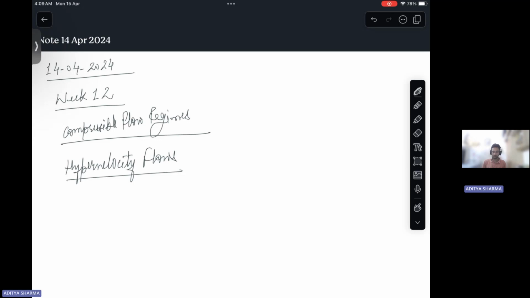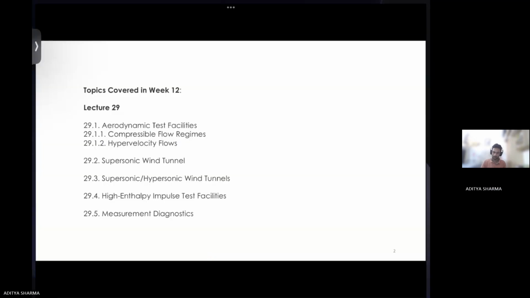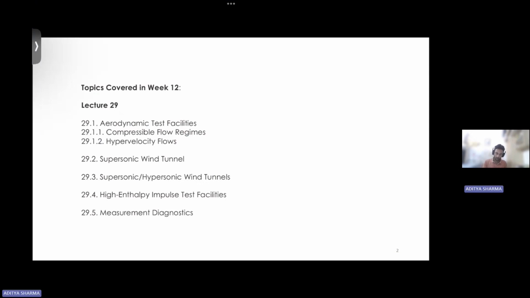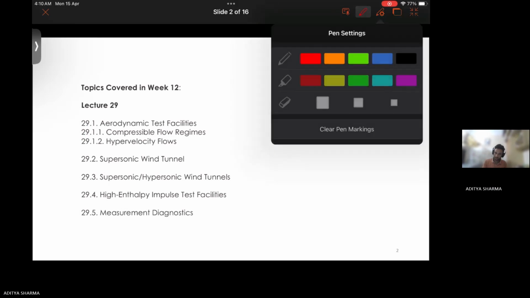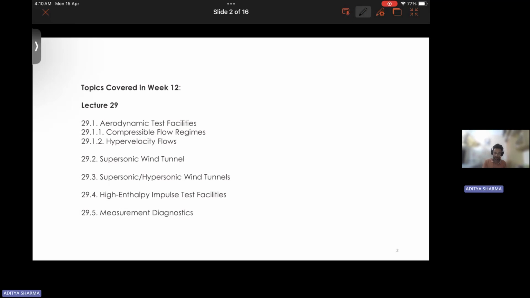If some object has a velocity in this range, then that comes in hypervelocity flow. So all these things have been discussed in this first heading of this lecture, hypersonic velocity flows.